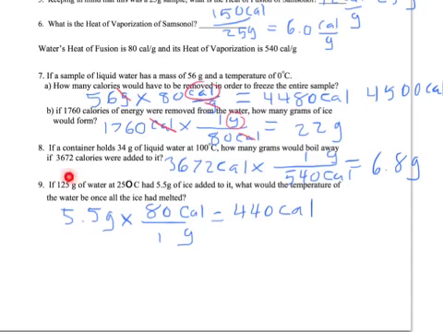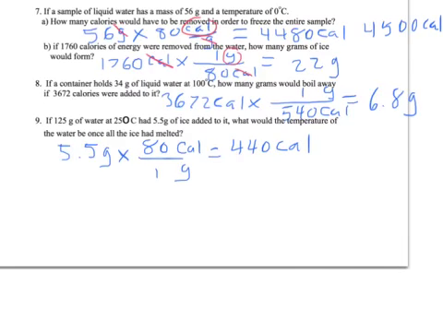And since energy is leaving this water to melt the ice, this temperature is going to have to go down. Now I'm just going to use the heat equation. If you remember, the heat equation is delta Q equals M times delta T times Cp. Well, the Cp of water is 1, so I can ignore that. The delta Q I know is 440 calories.